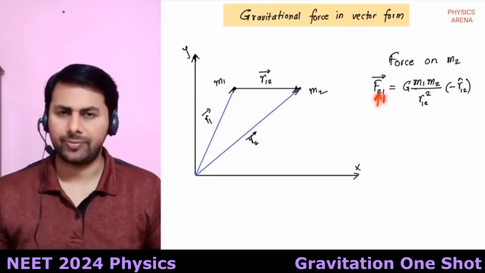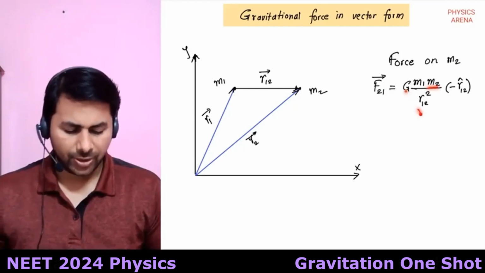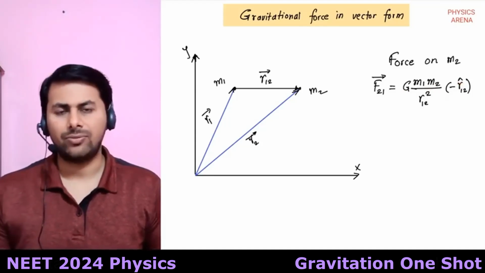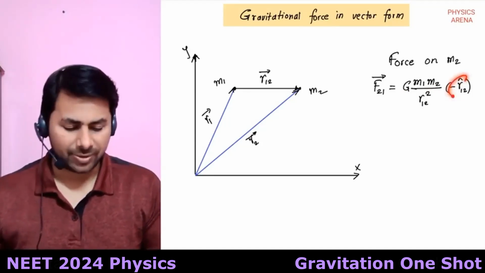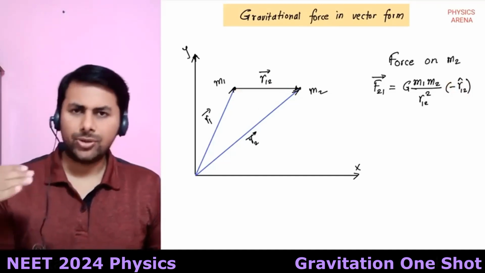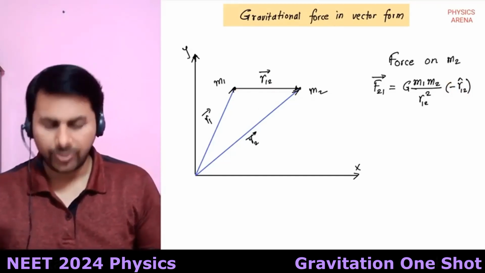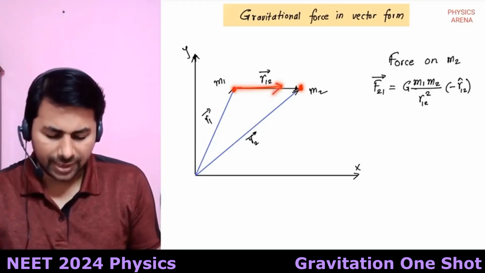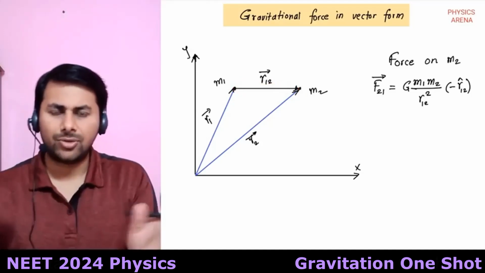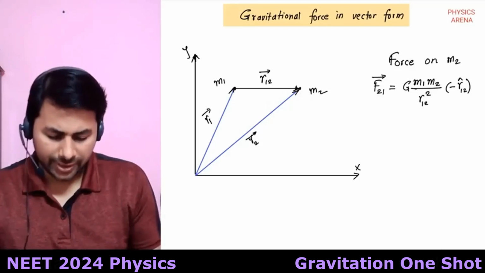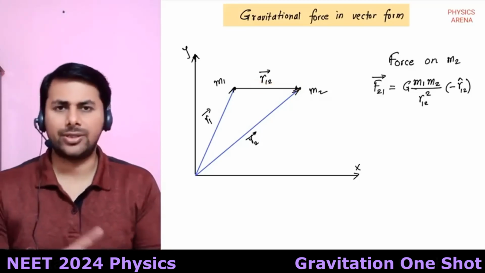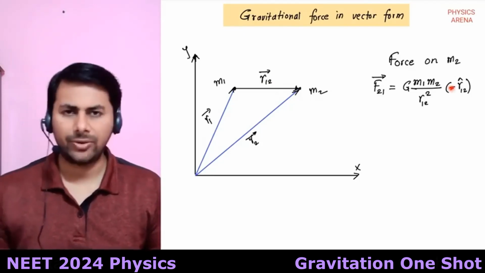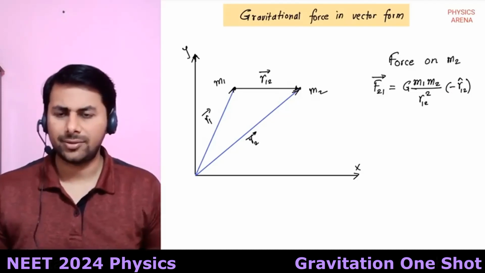So it is G m1 m2 upon r12 square multiplied by minus r12 cap. To show the direction, we'll use a unit vector. And what will be the direction of that unit vector? The force on this mass due to this mass is not directed like this. If it was, it would be a repulsive force. This mass is pulled by this force, and therefore it is in the opposite direction to that of r12 bar. Therefore we have the negative sign. This is clear.